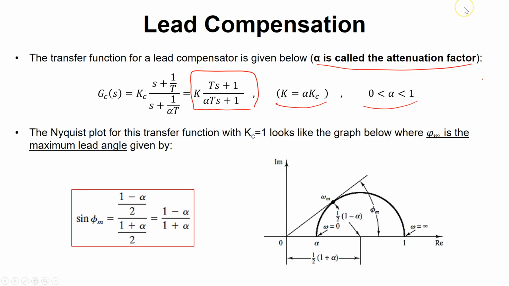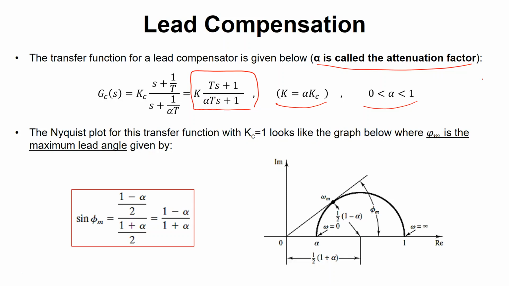So now let's look a little more in depth into this compensator, the lead compensator. If you plot the Nyquist plot for this, it looks like a semicircle. And the maximum phase contribution that it can create is phi m. This phi m is a function of alpha.